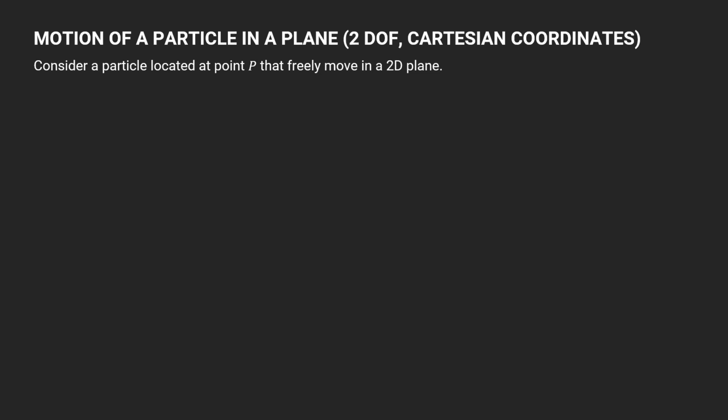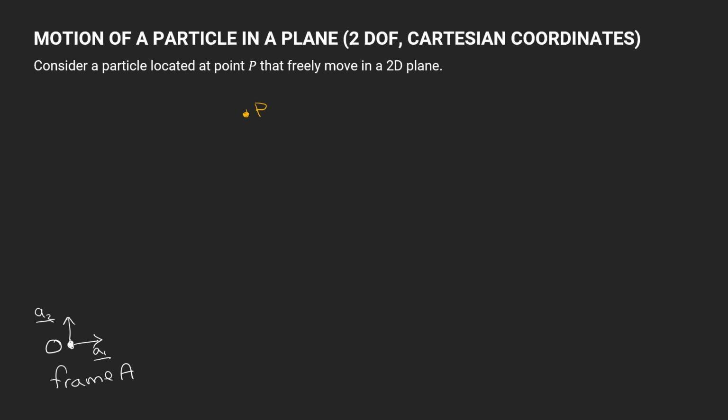So I want you to consider a particle located at point P. In order to define this particle's location in the 2D plane, we first have to define a reference frame, which in this example I'm going to call frame A, which is defined by an origin point, which we'll call O, and two perpendicular unit vectors, which we'll call A1 and A2.